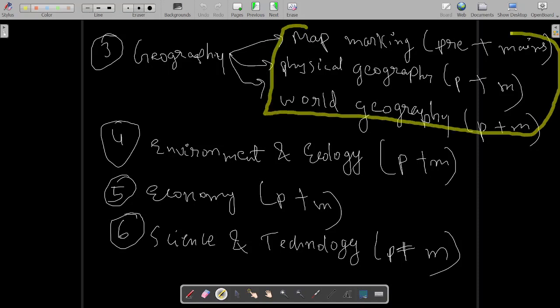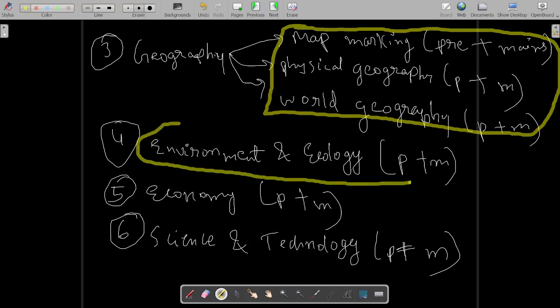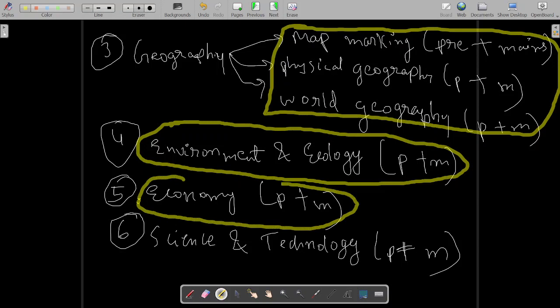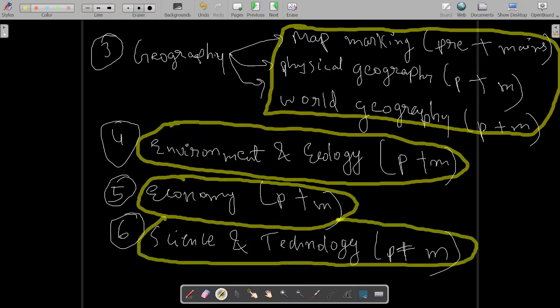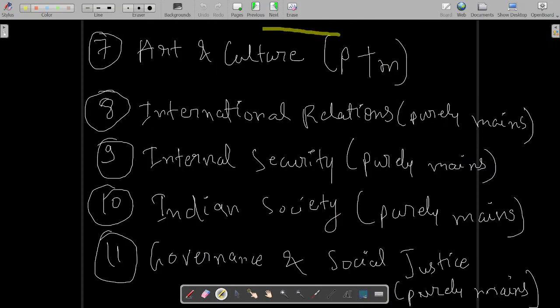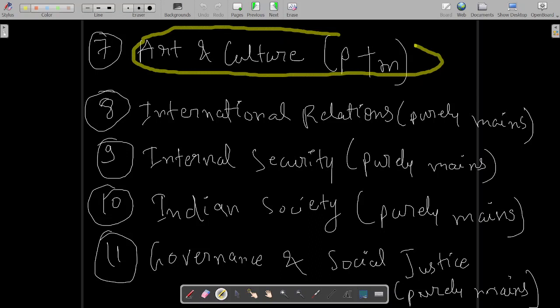This is also required. Economy is also required. Science and technology is also required. Art and culture is also required.